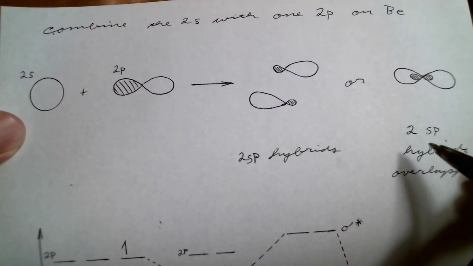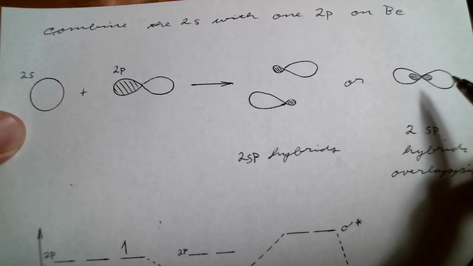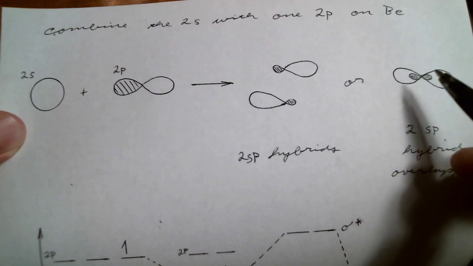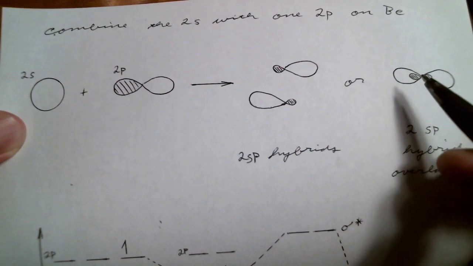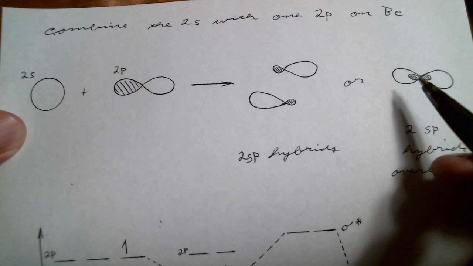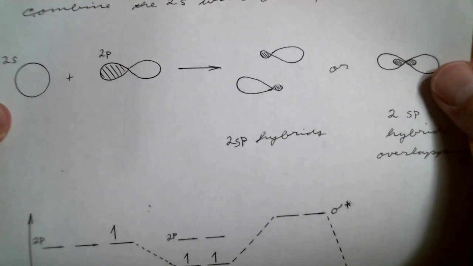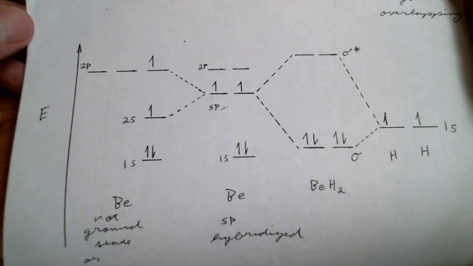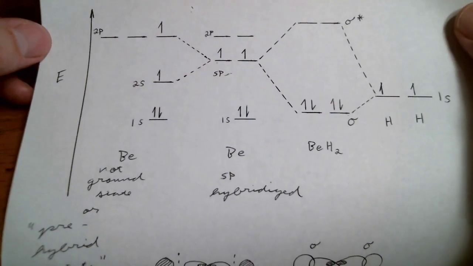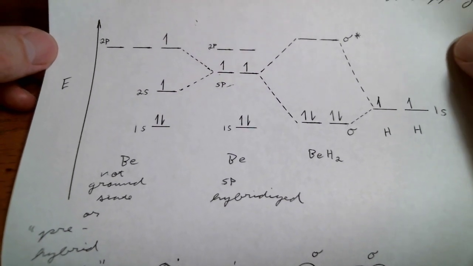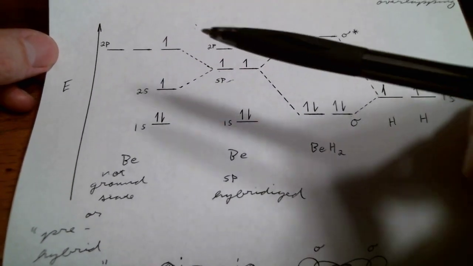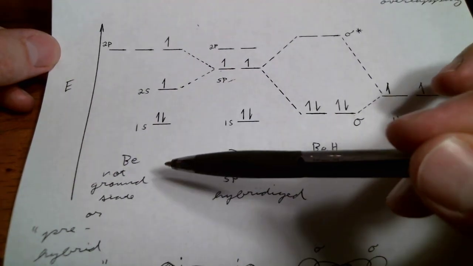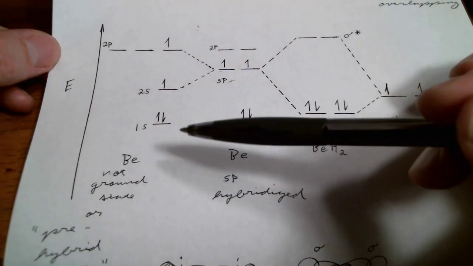Our two sp orbitals are going to be pointing, the big lobes at least, in opposite directions, overlaid on the same nucleus. So what does this look like from an energy diagram state? Well, in our pre-hybrid state, this is beryllium not in the ground state.